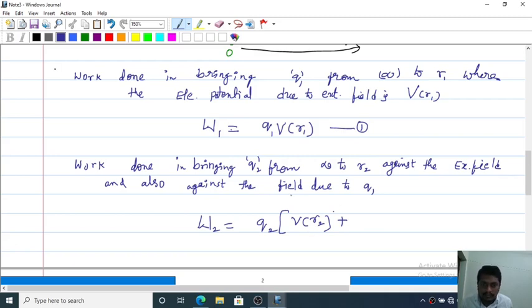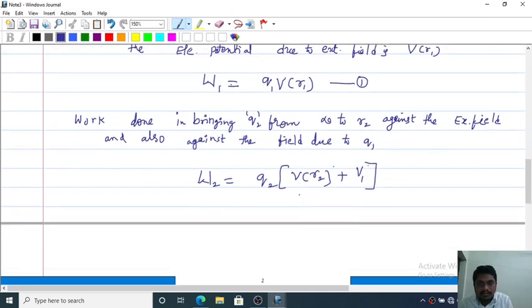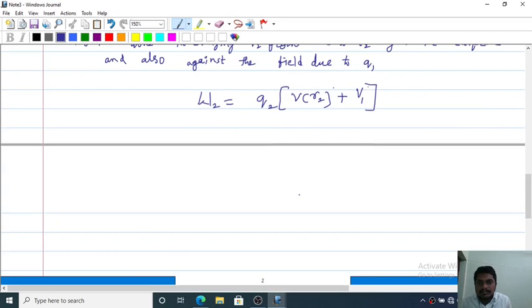And also the force of repulsion: already we brought Q1 into the field, and against the repulsion of Q1 we also have to do some work. That will be Q2 into the potential V1. Simply I will write V1, so there will be no confusion. Against these two fields we need to do work.